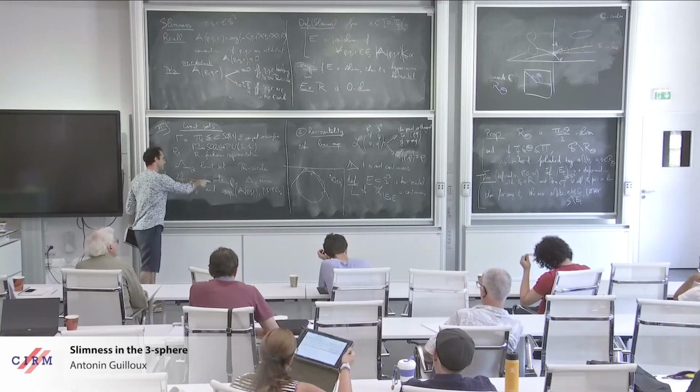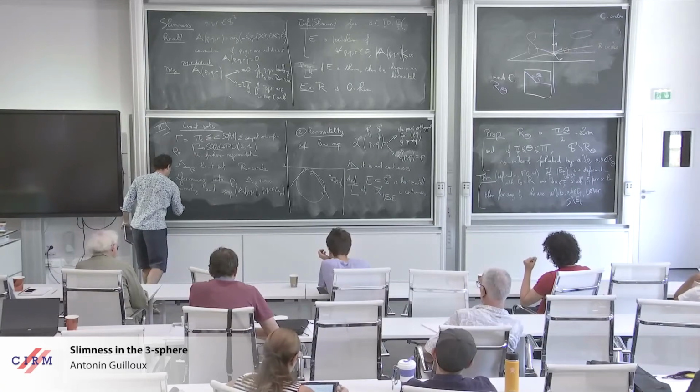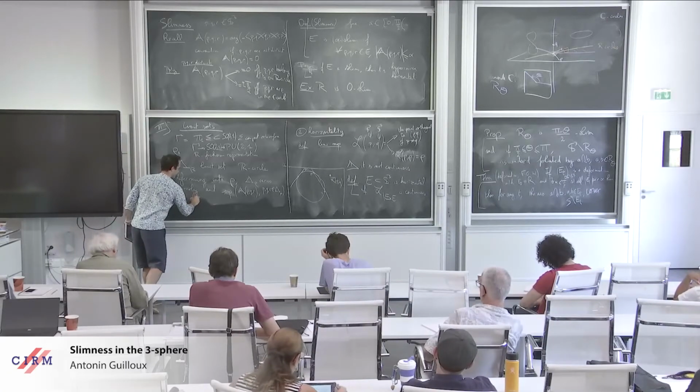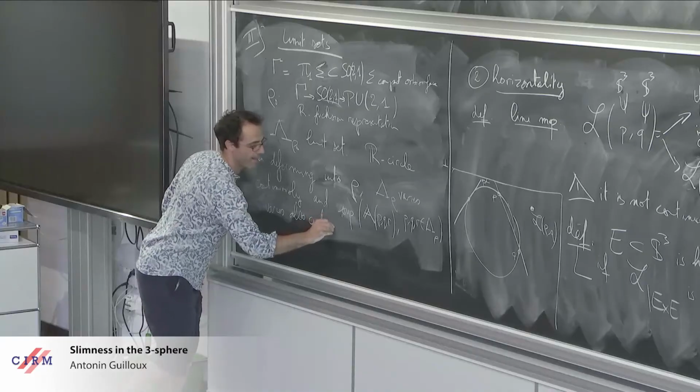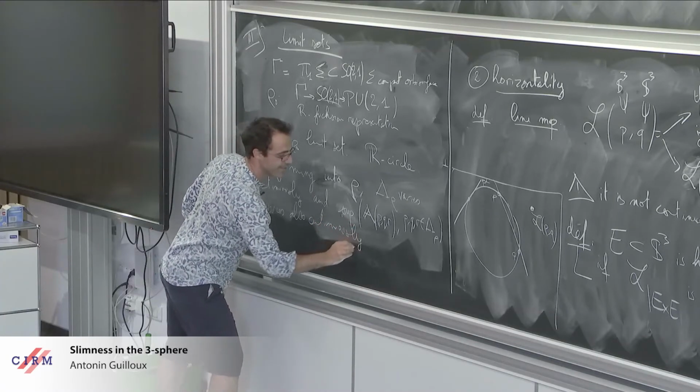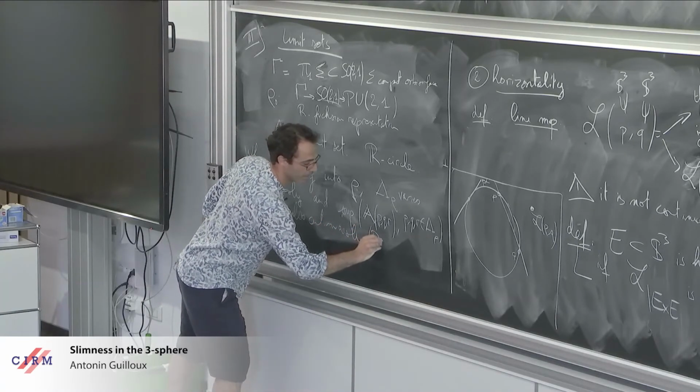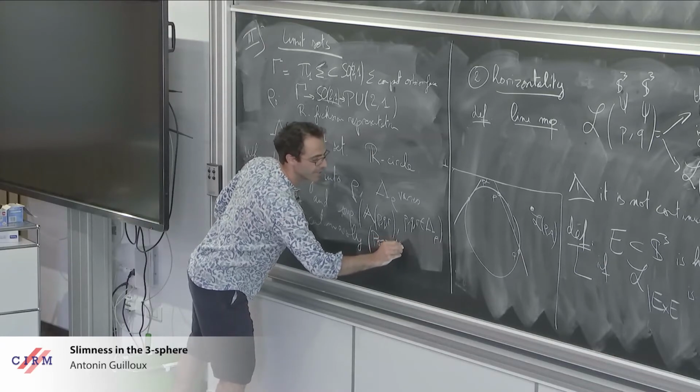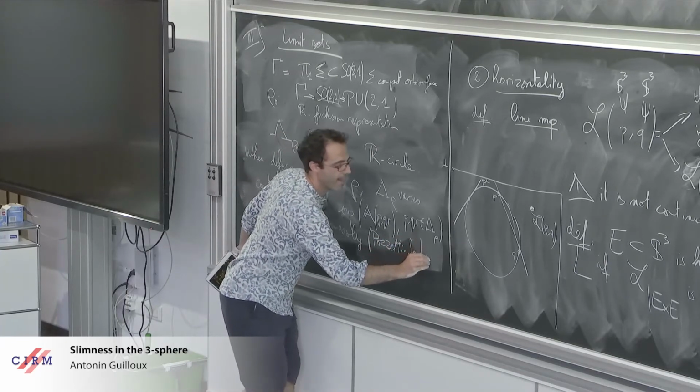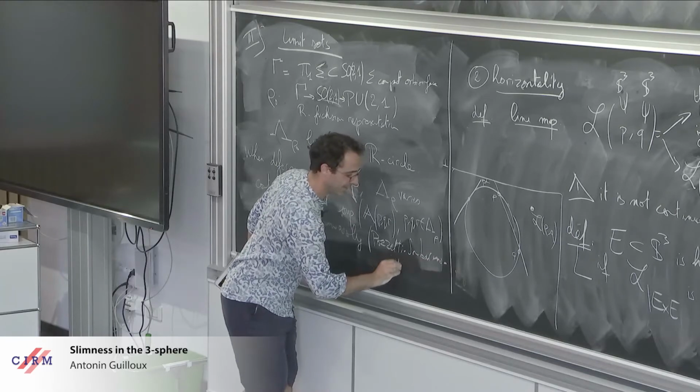So this quantity varies also continuously, and this is a result of Potrie, Sambarino, and Wienhard.